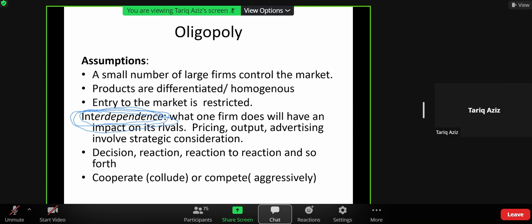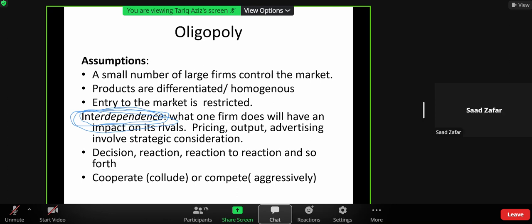What one firm does will have an impact on its rivals. Pricing, output, and advertising involve strategic consideration. For example, in India, we can give an example from the telecom industry. If one particular telecom company increases the tariff, and the rest decide not to increase the tariff, then most probably customers will shift. They may port their numbers from Airtel to Jio, or Jio to Airtel, or whatever is beneficial for the customers.